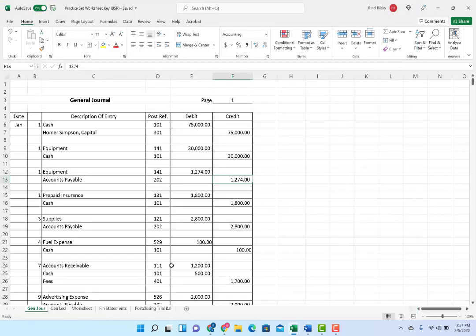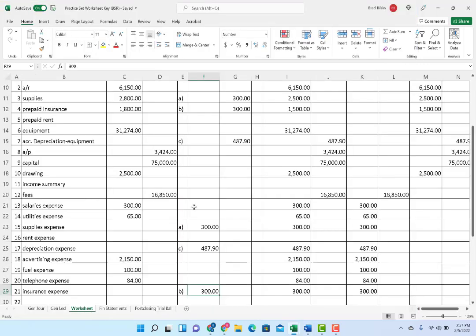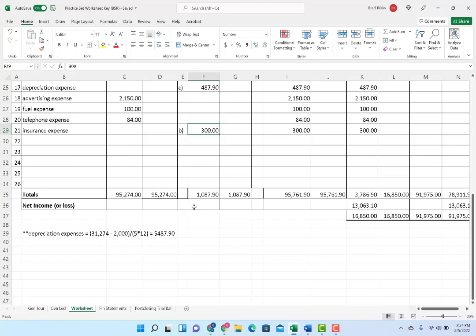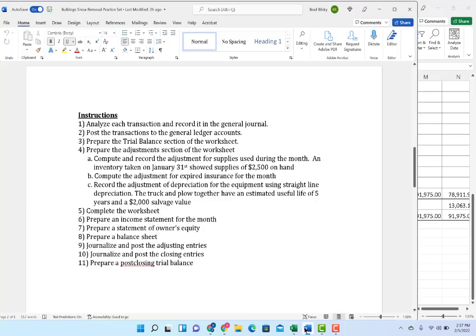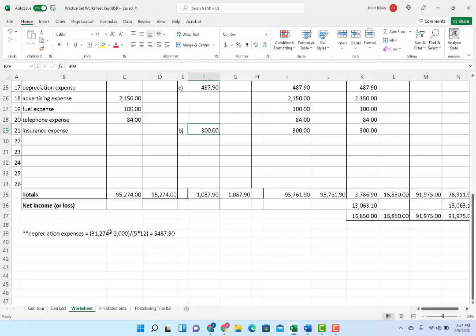So we use our straight line depreciation calculation. And remember, when we do that, we look at the value of the equipment. So those two items together, we paid $31,274. And we're told in our directions we have a salvage value of $2,000. Basically, that's what we think the equipment's going to be worth at the end of the 5 years. So we subtract that.